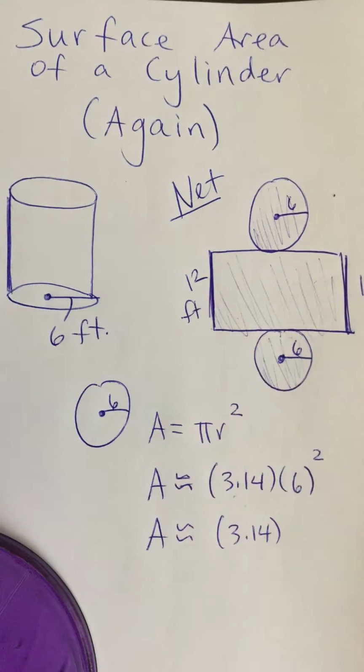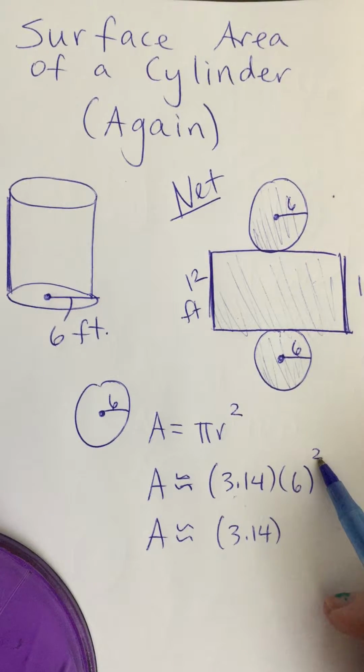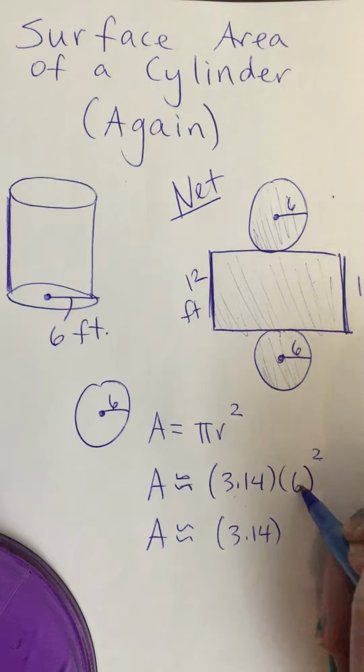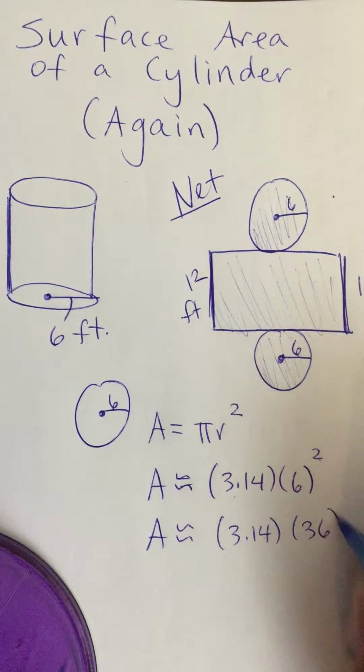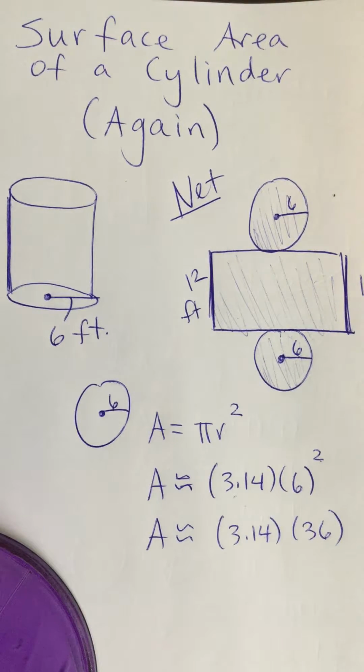Following the order of operations, I'm going to do the exponent first. 6 times 6 is 36. Now we multiply 3.14 times 36, and we get a big number.